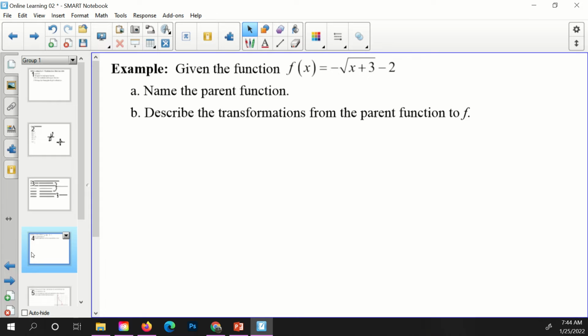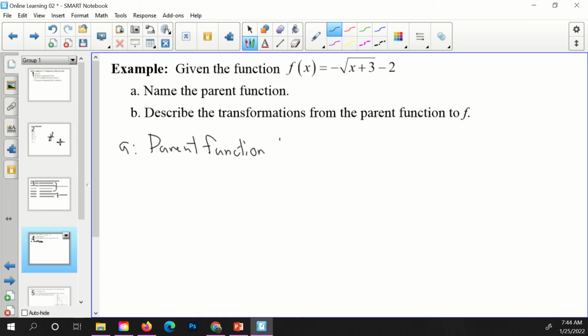Our first example is, here we're given the function f of x equals negative square root of the quantity x plus 3 minus 2. And they want us to name the parent function. Well, for my part A, I am going to say that my parent function is just going to be y equals square root of x.